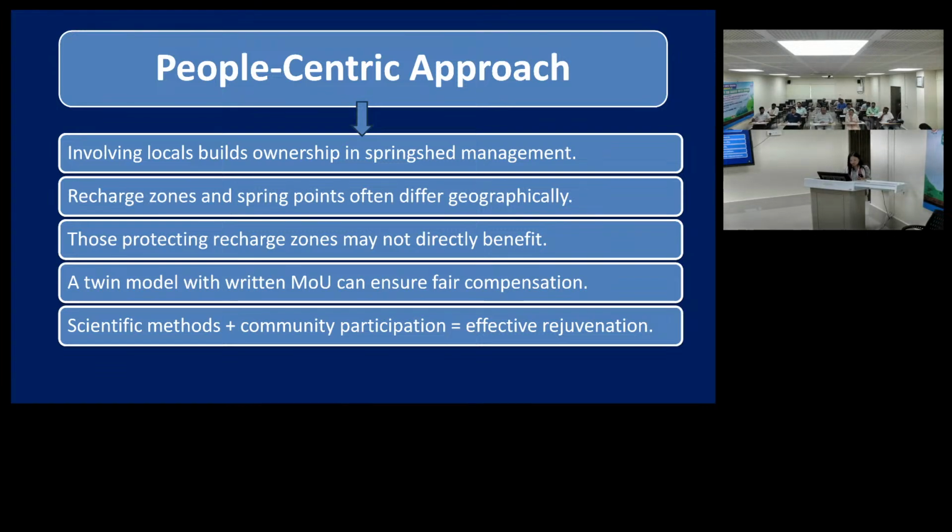We can come up with a twin model, like signing a memorandum of understanding with fair compensation, where both the recharge area and the spring can benefit. Scientific methods plus community participation equals effective rejuvenation. This is why the people-centric approach is important.